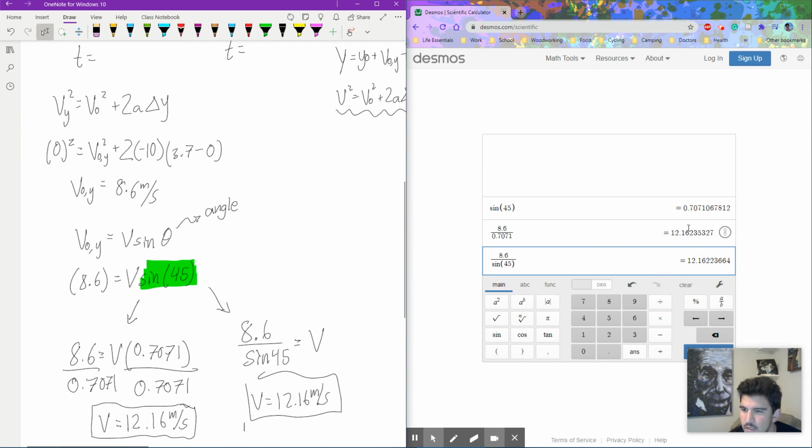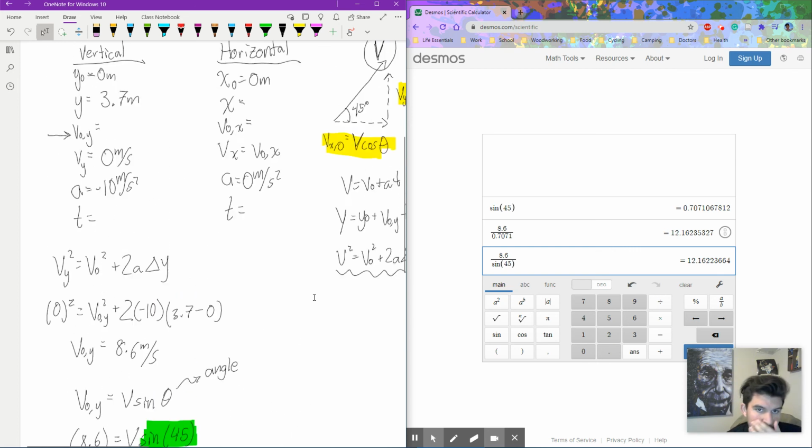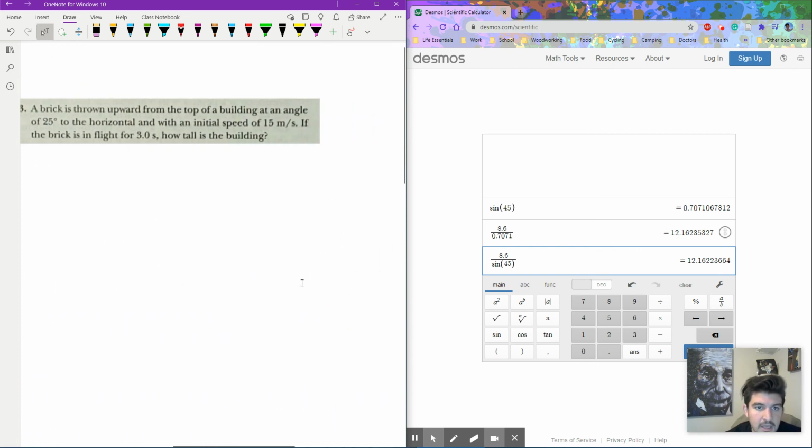Notice this first one is off a couple decimal places later because I had to round sine 45. So doing it the second way is both easier because it requires you to go to your calculator less, and it gives you a more precise answer. So I recommend taking number 2. Okay, so that one is fairly simple when we look at it that way.